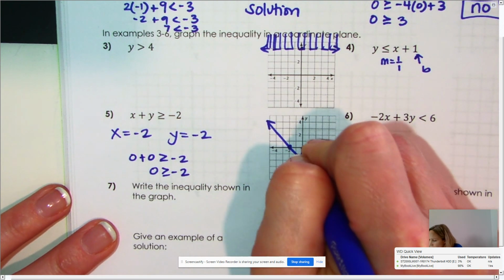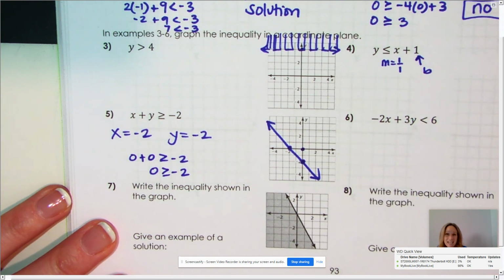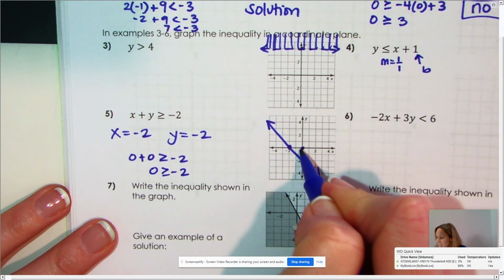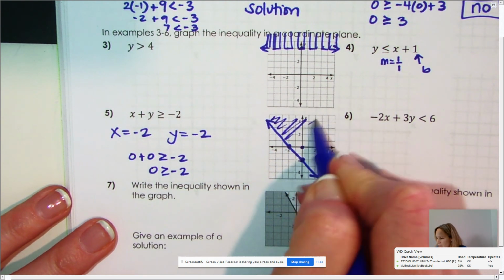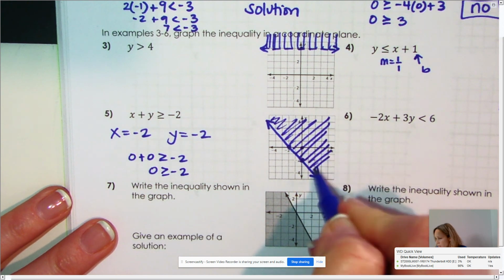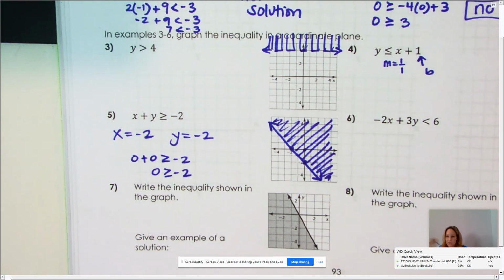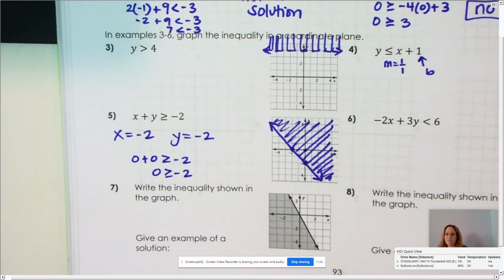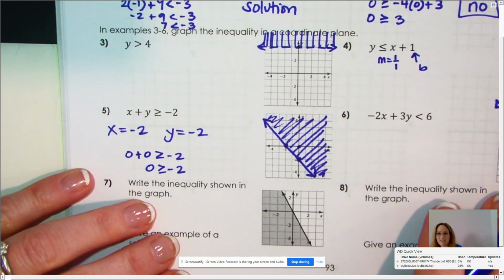And so I know that the point 0, 0 is a solution. So that has to be included in the way that I shade. So if it is a solution, then I have to shade that direction. If you had a crayon, you could just color in that whole part. See, like this. That's what it should look like. I'm a little bit limited by my marker here because I don't want to use up all my ink.